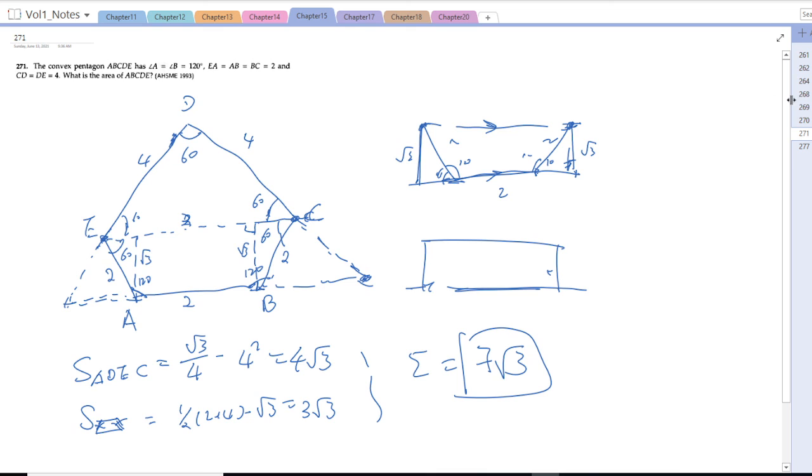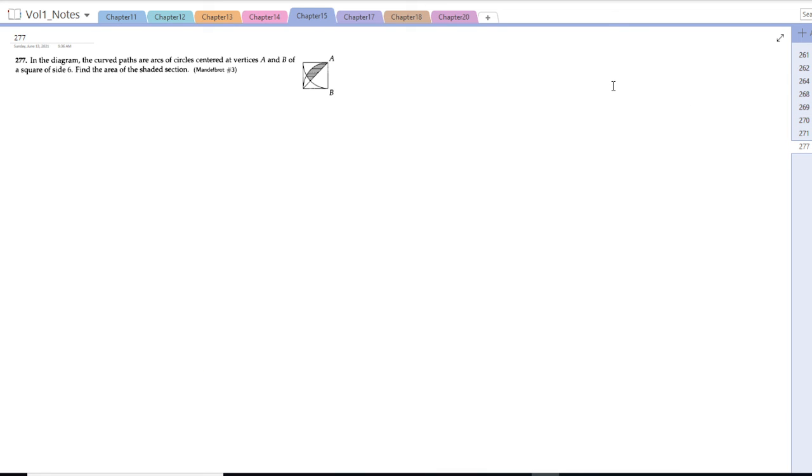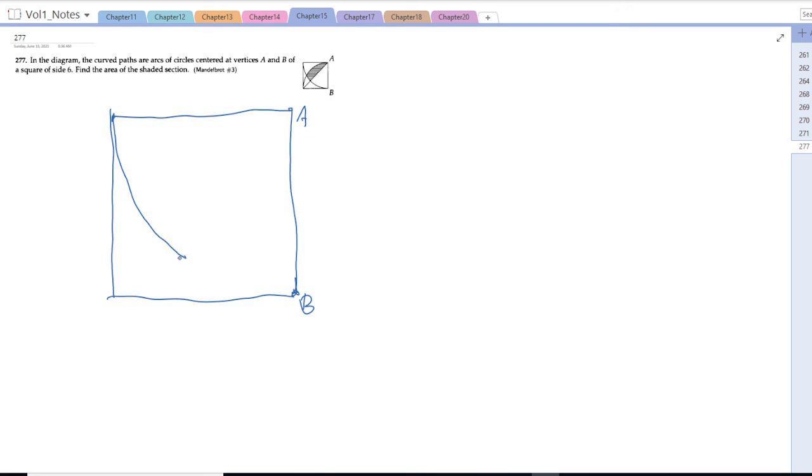Okay. So now the next problem is 277. So in the diagram, we have a square, then we have two quarter circles here, one with the center of B, one with the center of A. So by symmetry, they meet in the middle.